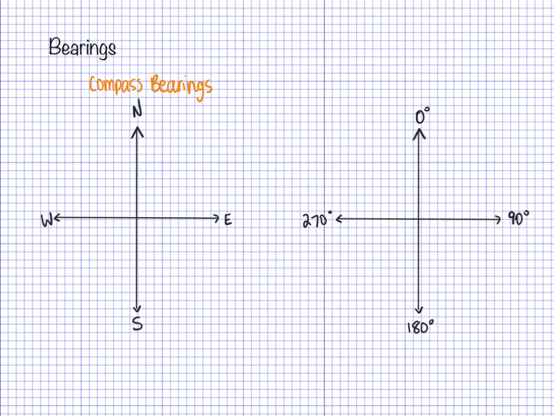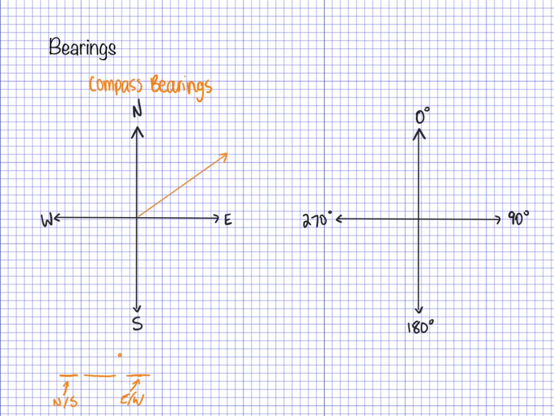With compass bearings, we always start with a letter, and this first letter is always going to be north or south. We then put the appropriate angle in, and then we have the last letter, which can be east or west. We always start with north or south, and basically ask how many degrees we move to the east, or how many degrees we move to the west.